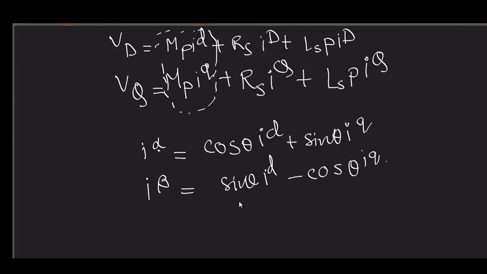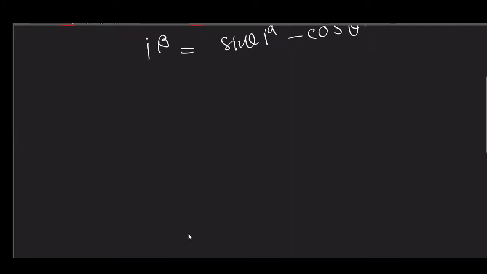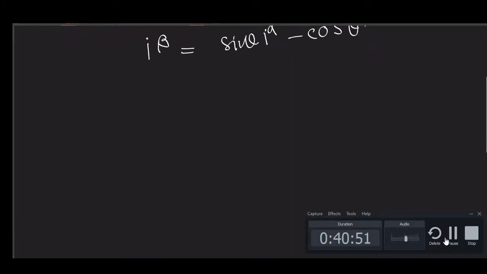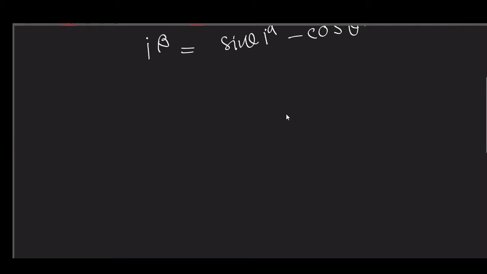Now let us try to write V alpha is equal to, if we want to transfer everything in terms of this virtual coordinate small d small q.